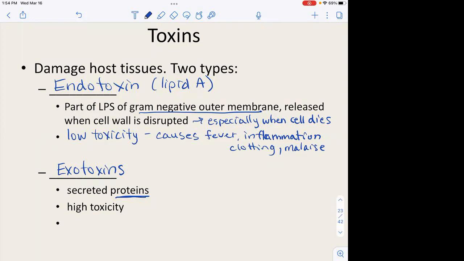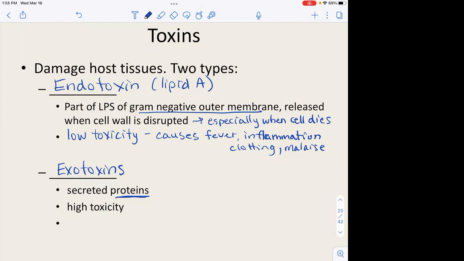How are those different than exotoxins? Extracellular enzymes are going to work right next to the cell that secretes it, very localized. Where an exotoxin, when it's secreted, is going to work system-wide, so throughout the host.